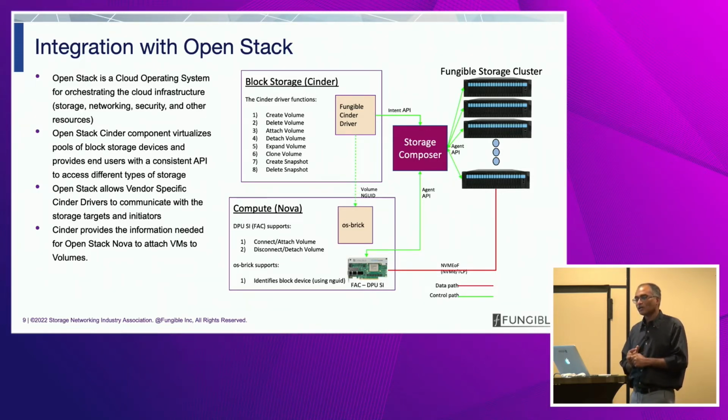And it allows vendor plugins. So all we need to do for integration with OpenStack is develop a Cinder plugin for your storage and submit it to the upstream open source. Cinder virtualizes pools of block storage devices, and it provides users with a consistent API to access different types of storage.